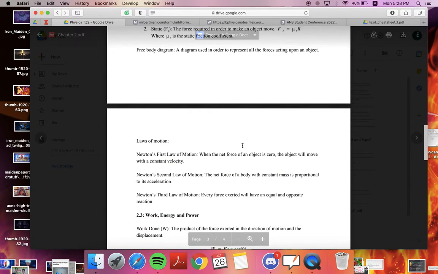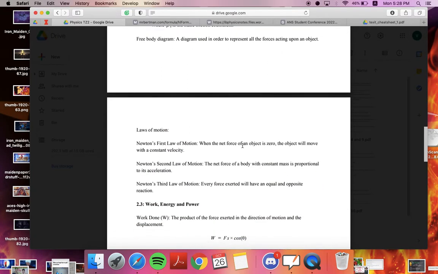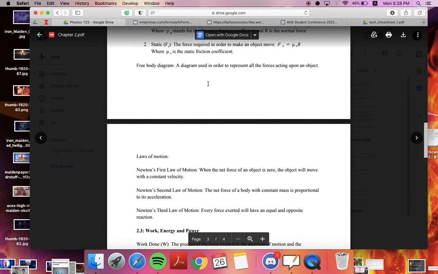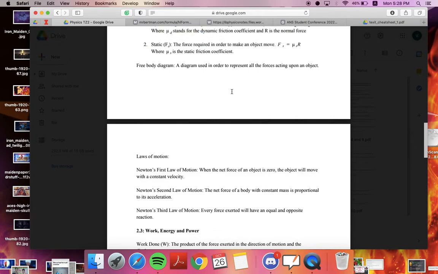Okay, free body diagrams. This is really important. I highly recommend everyone to draw a free body diagram whenever you've been given a question related to forces. It really helps you to visualize the problem and see what exactly you need to solve for. It's just basically drawing those line diagrams that I've been doing until now, except I didn't really refer to them as free body diagrams, but that's what they basically are.